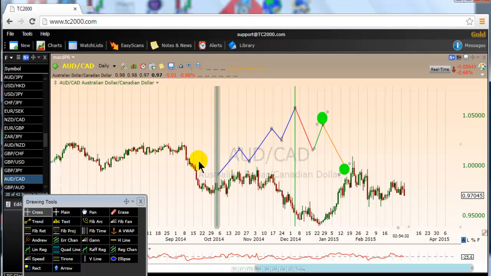According to the guidelines that we use, the C wave very often will be equal to the A wave.